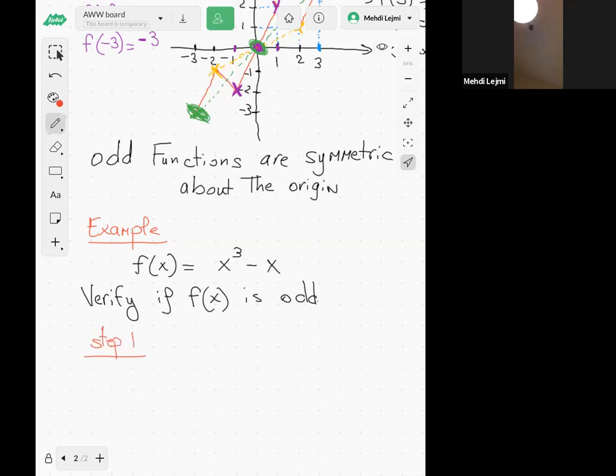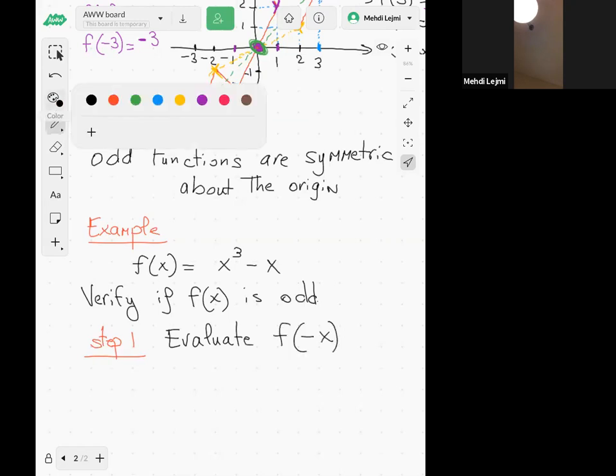So first step. There are 2 steps, like for even functions, right? For even functions, we had to compare f of minus x to f of x. So here it's the same thing. First we're going to evaluate, in the first step, f of minus x. Okay, and in the second step, well, here a little bit tricky.